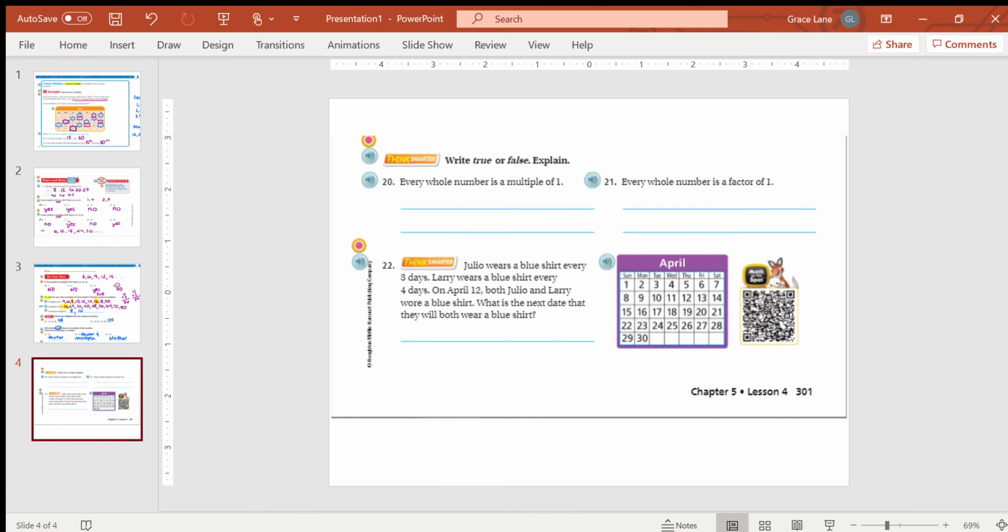When we're talking about multiples, we're talking kind of like counting by ones. So if you count by ones, 1, 2, 3, 4, 5, 6, and so on. Is every whole number a multiple of 1? Will every number appear in that list of multiples? Yes, so that is true.